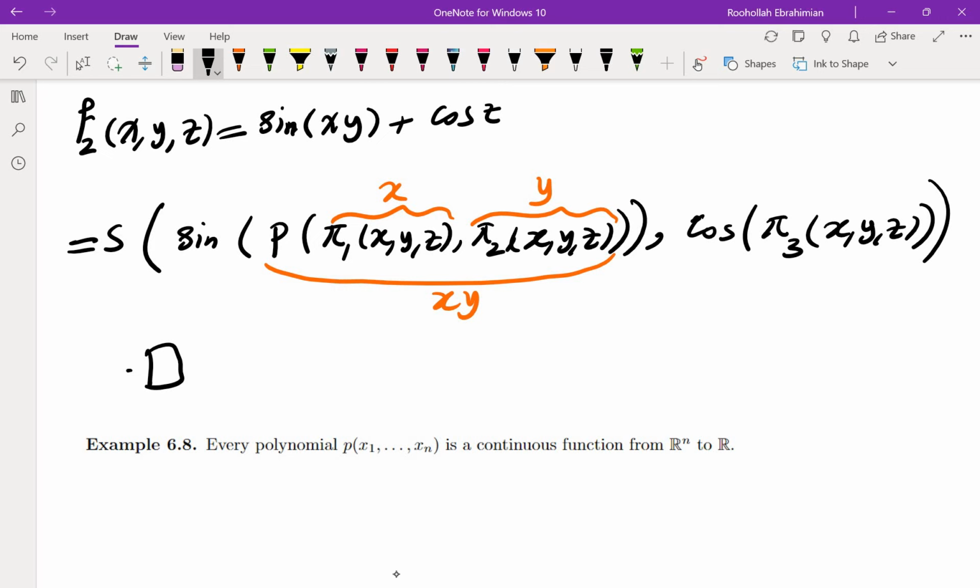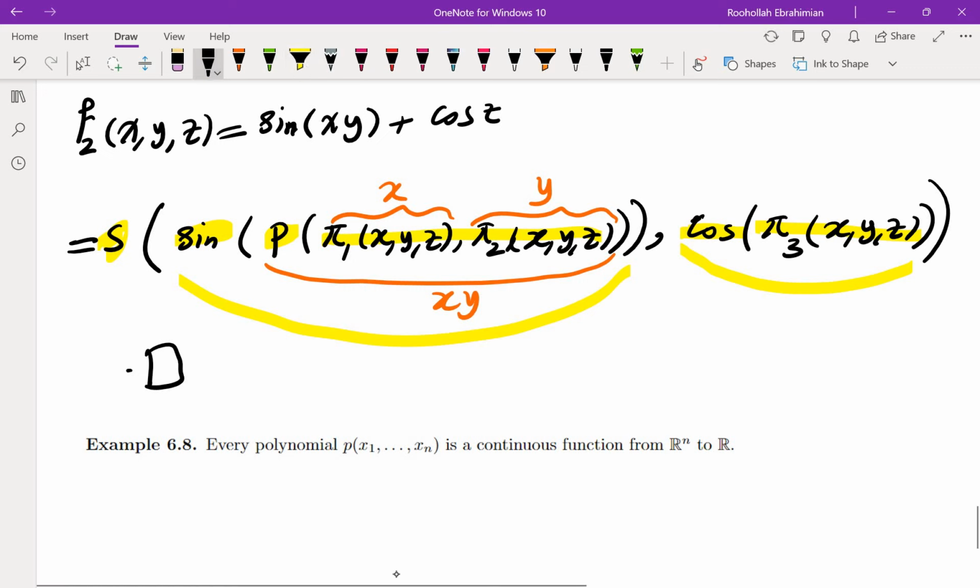Because pi 1 is continuous, pi 2 is continuous, therefore this one is continuous, pi 3 is continuous, product is continuous, sine is continuous, composition of continuous is continuous, therefore this is continuous, cosine is continuous, therefore this is continuous, and then if you take two components that both are continuous, you get a continuous function. Compose that with s, you get another continuous function. So this is also going to be continuous.